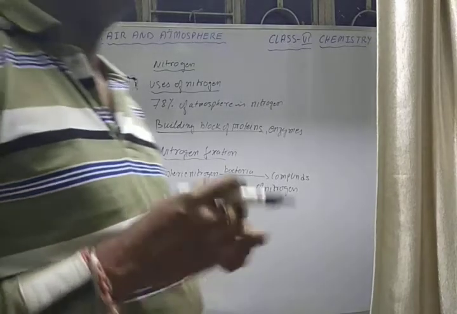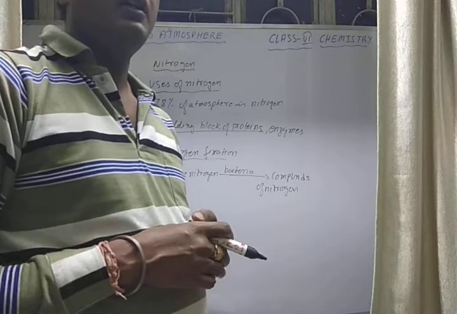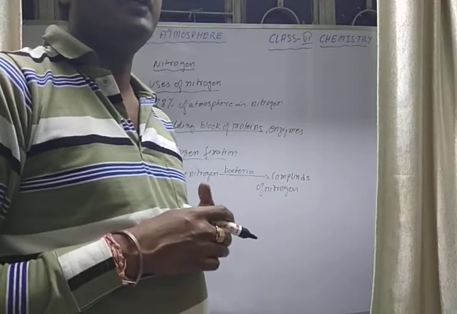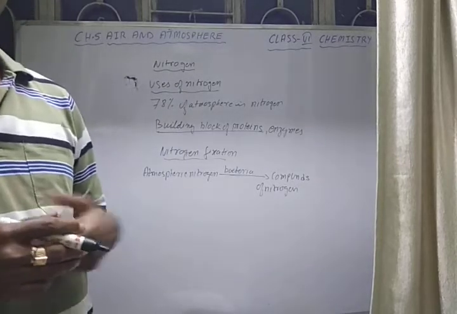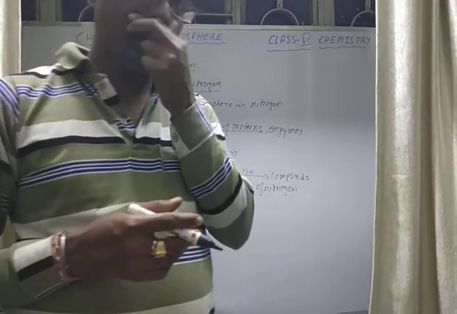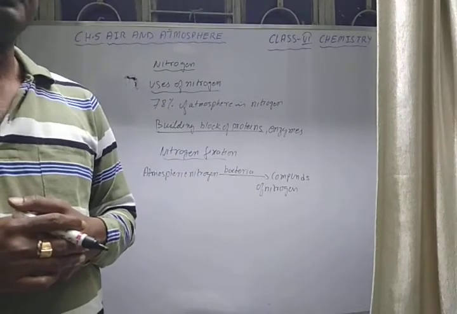The soluble nitrogen compounds are taken by plants and other organisms. When plants are eaten by animals, the nitrogen is transferred to the animal body. In this way, from plants we are getting nitrogen.